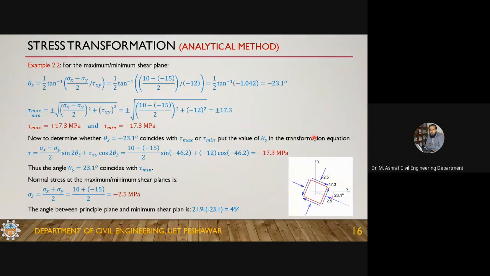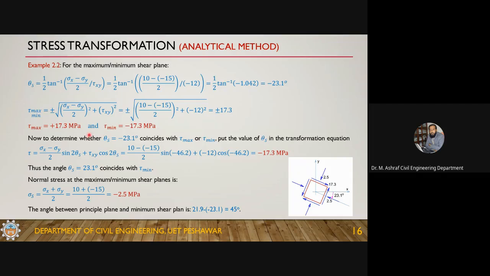Now to locate the plane of maximum shear, theta s is equal to half tangent inverse of this, so we got minus 23.1. And tau maximum minimum is this expression, so this is plus minus 17.3. So tau maximum is plus 17.3 and tau minimum is minus 17.3.